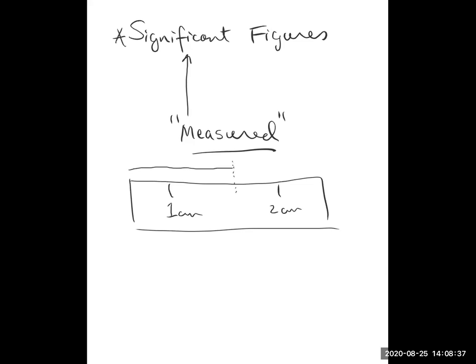So we're going to write down every digit that we can see. Well, the only thing we can see is that it's between 1 and 2. Then we're always going to add an estimated digit. So maybe somebody might say that's 1.1 centimeters. Somebody else might say it's 1.2 centimeters.